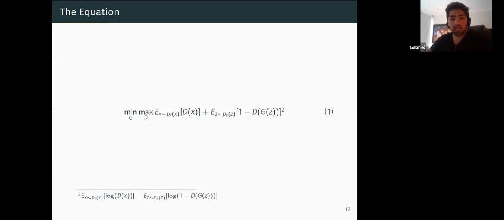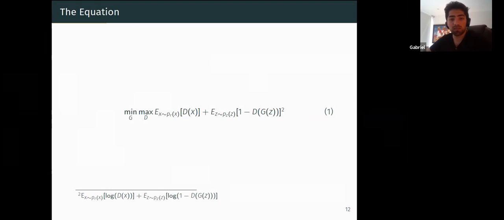This becomes a non-cooperative Nash game represented by this equation, in which the generator is going to try to minimize this expression, and the discriminator is going to try to maximize this expression. It makes a lot of sense if you take a while and just study it.